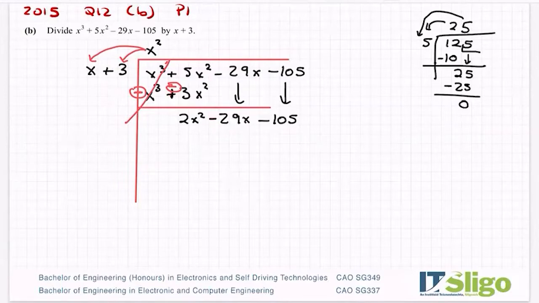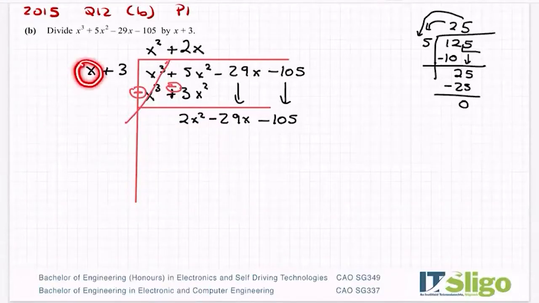And then you do the same thing again. What must I multiply by x to bring it up to 2x squared? Well, it's a plus 2x squared, so I need a plus, I need the 2, and I need another x.